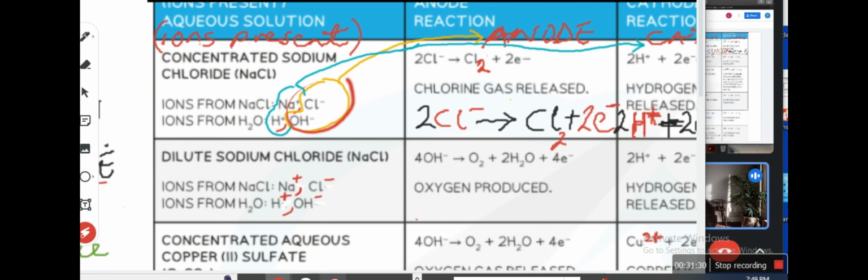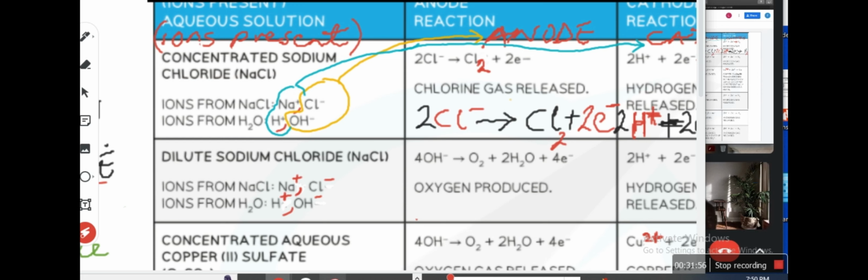Exactly. Now, these two ions, chlorine and hydroxide, go to the anode because it is a concentrated sodium chloride. That would be different if it was dilute. When we come to dilute, you're going to see a different thing, so you better pay attention to this. Dilute means there's so much water.